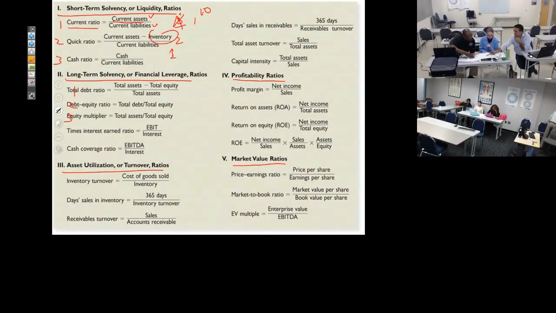So the times interest earned is 7 times, and the cash coverage ratio is like 8 times. Oh, that's good. So it's just like that. Get back at this time.